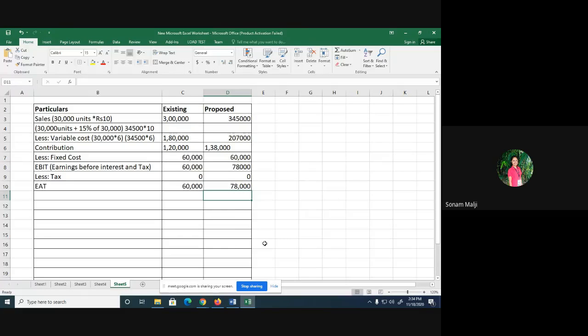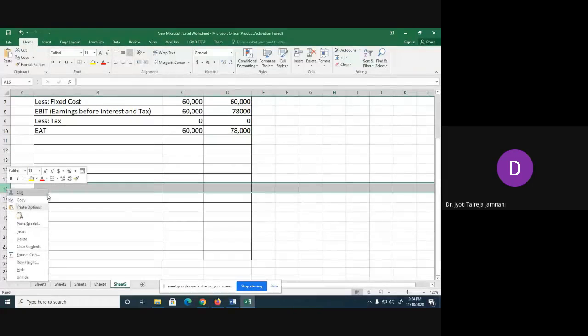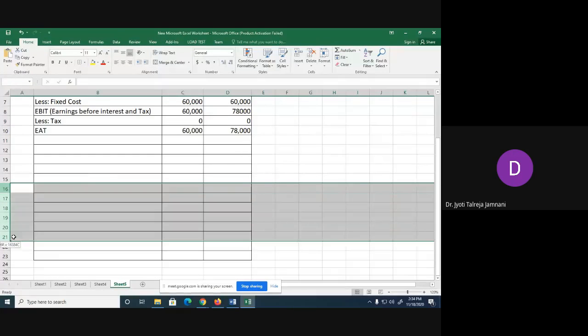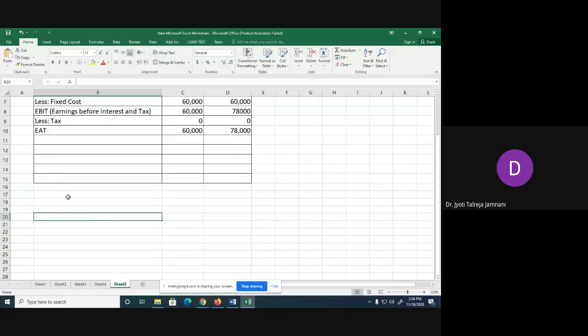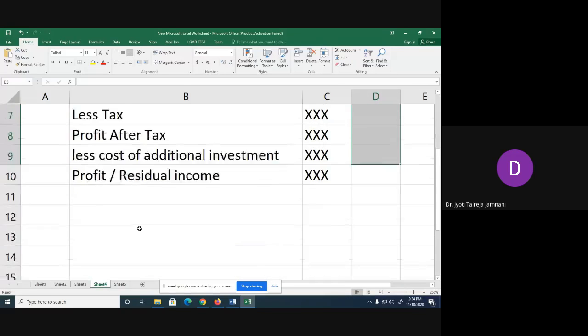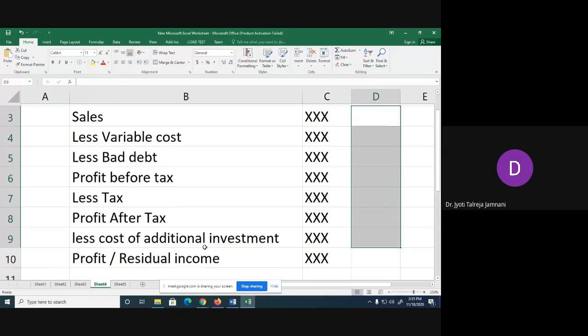No, ma'am. Okay, now I will show you the working note on how to find the cost of additional investment. I don't know how many of you have revised and remember the formula yesterday. Yesterday, sales less variable cost, less bad debts, then you get profit before tax, then you less tax, you get profit after tax.